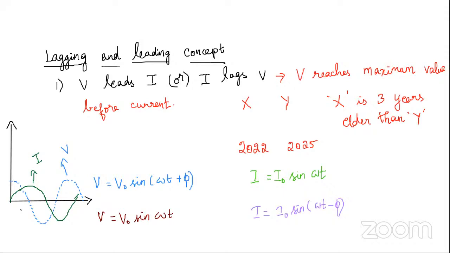And we can also consider the second scenario, that is voltage lags behind current. Voltage lags behind current, or you can also call this current leads voltage.